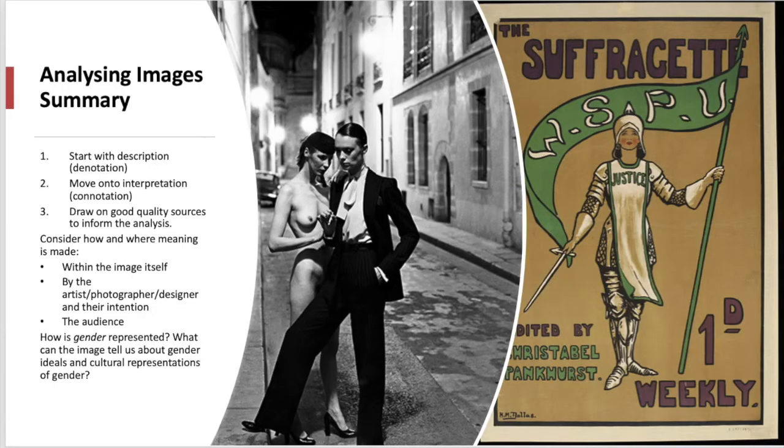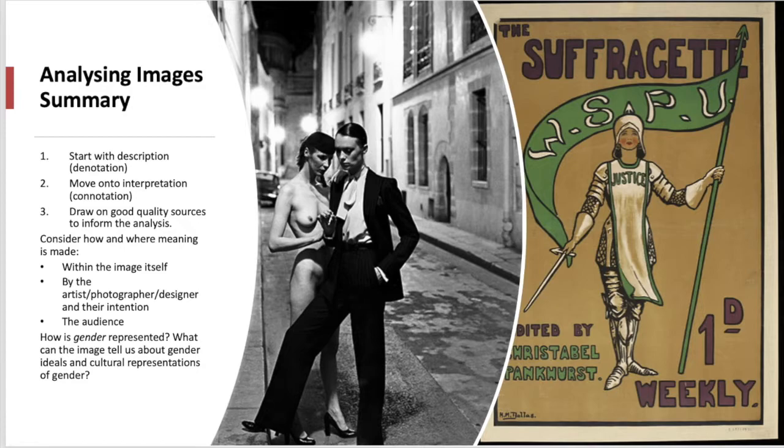all, you start with the description, what we called the denotation. Then you move on to your interpretation, the connotation of the image. Throughout, draw on good quality sources to inform the analysis. And I want you to also think about how and where meaning is made in the image.